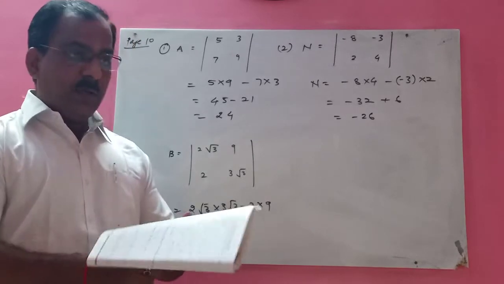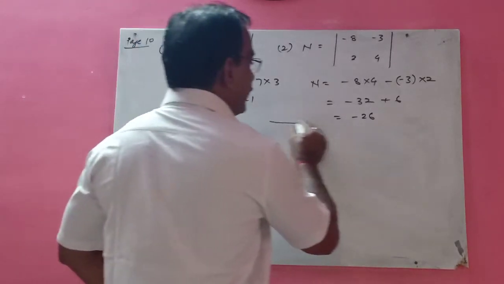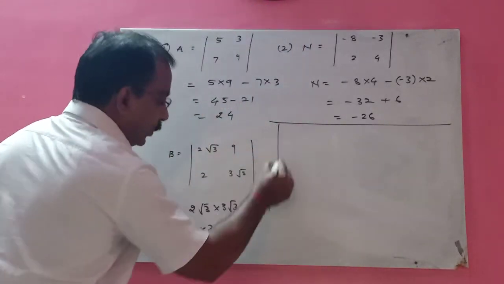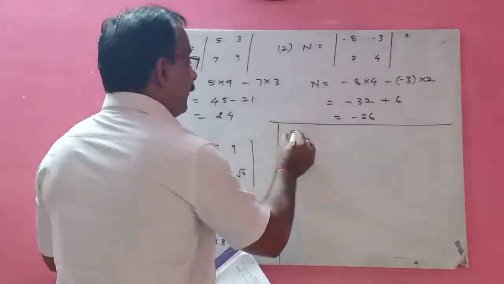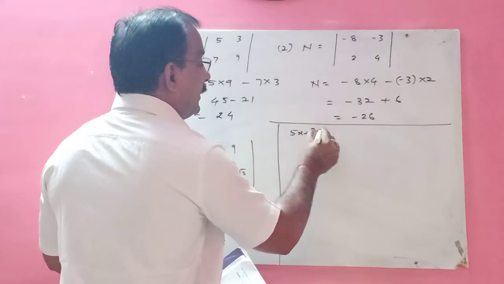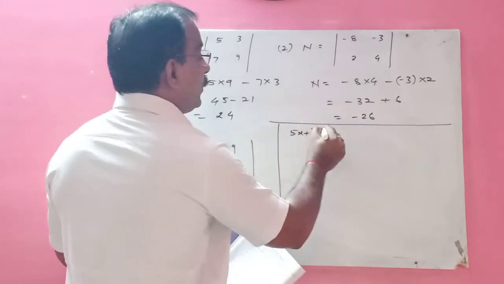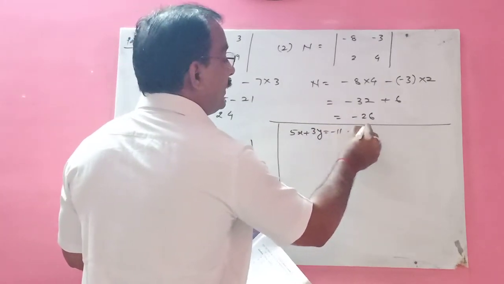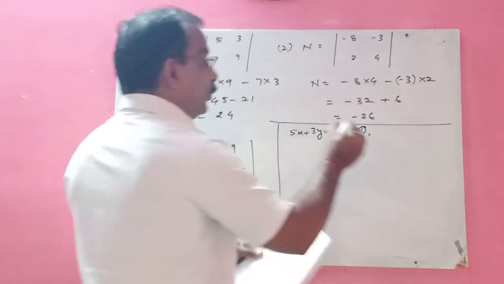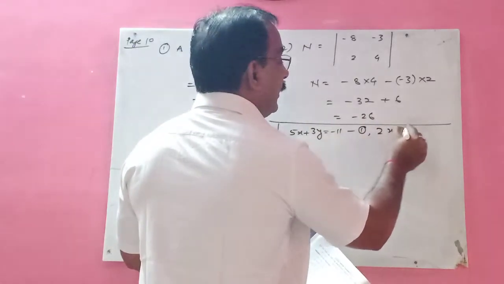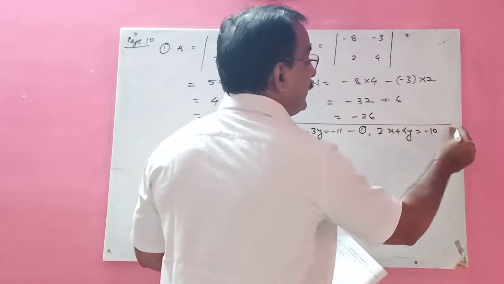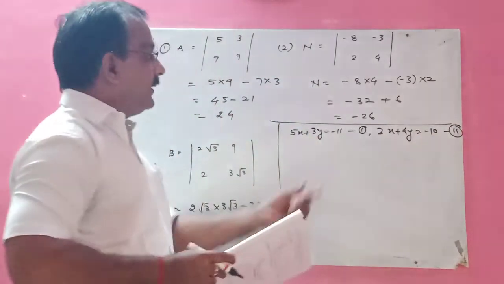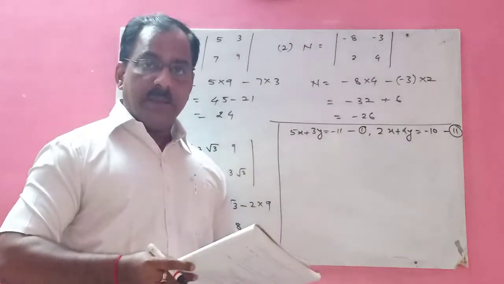Now you have to find x and y by Cramer's rule. See the equations: 5x plus 3y is equal to minus 11, equation number 1, and 2x plus 4y is equal to minus 10, equation number 2. Find the values of x and y by Cramer's rule.